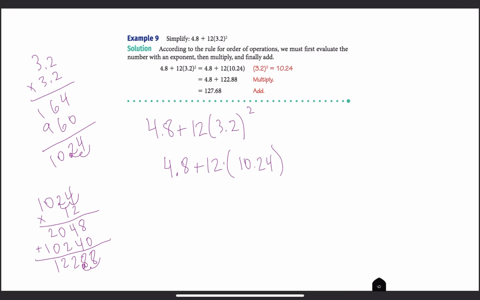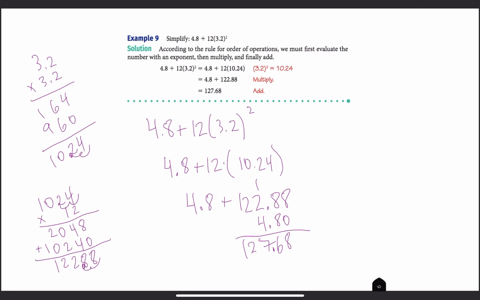So yeah, 122.88 is what I got. So about 120. So that was close to my estimate. And now I can go ahead and add. And I'll just move this one over here so that I can add straight down. So 127 and 68/100ths. So hopefully you can see what we did.